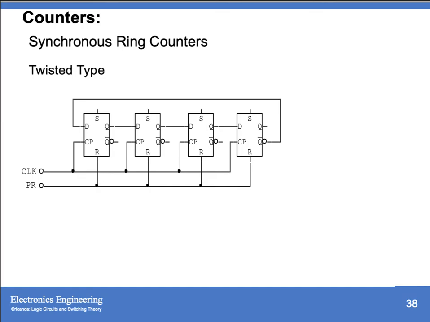Then your preset for your ring counter is connected to all of your R. Unlike in your straight type, where the preset is connected to the R of one latch and the others are connected to your S. So in this twisted type, all your preset is connected to the R input of your D latches. So we have your latch A, B, C, and D. We have your controls, the PR or preset, and the clock.